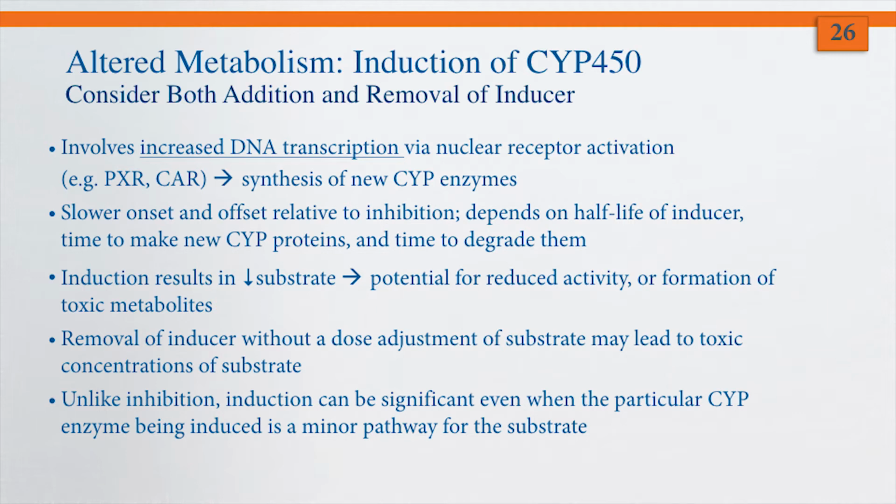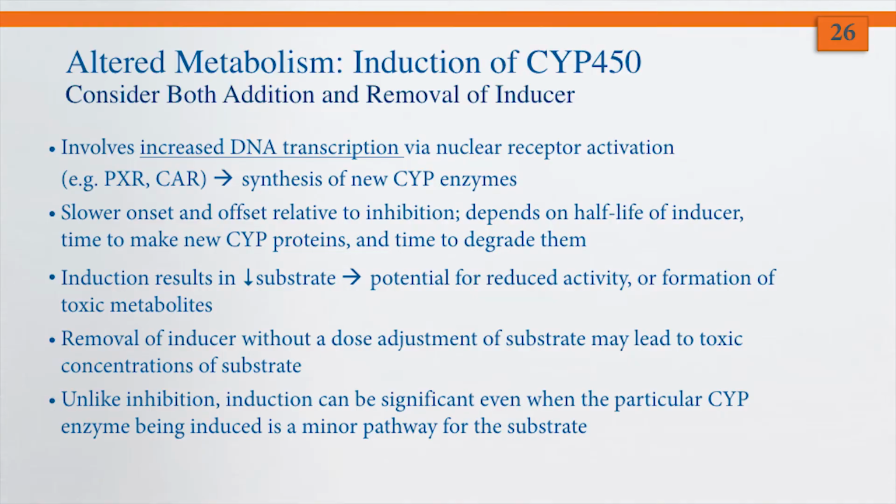Relative to inhibition, induction generally has a slower onset and offset, and depends on the half-life of the inducer. It also depends on the time it takes for new CYP proteins to be made or degraded after you remove the inducer. Again, it results in decreased substrate, so it's generally associated with reduced activity or loss of efficacy of our substrate.